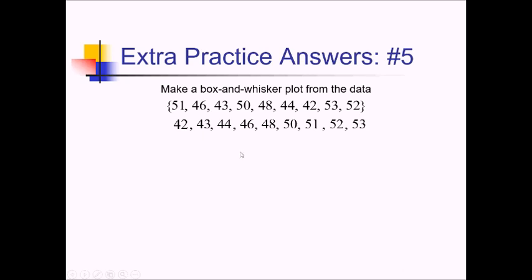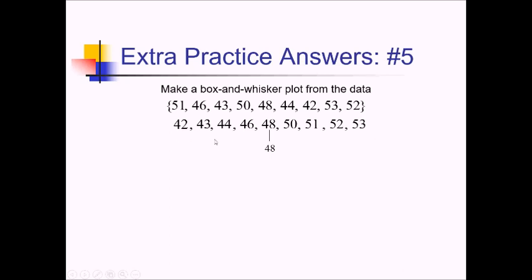So now I'm going to go ahead and find the median. If there are 9 numbers, the median is going to be the middle number, item number 5. So that's going to be 48 for the median. And then that splits our data into 2 halves, a lower half with 4 items and an upper half also with 4 items. Now on the lower half, we have to find the median for just that half of the data.